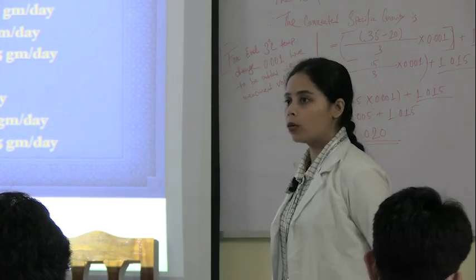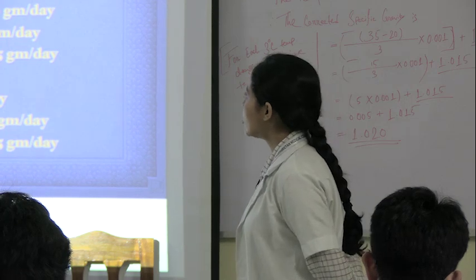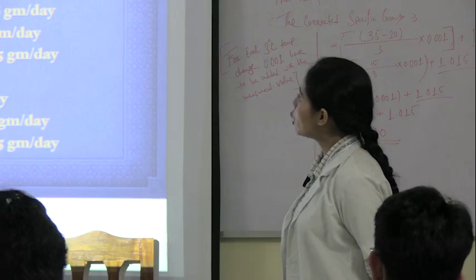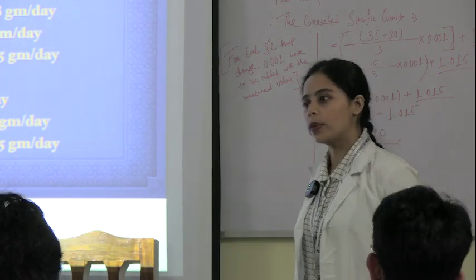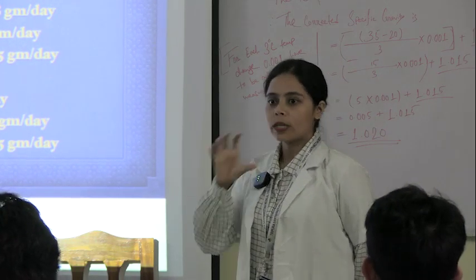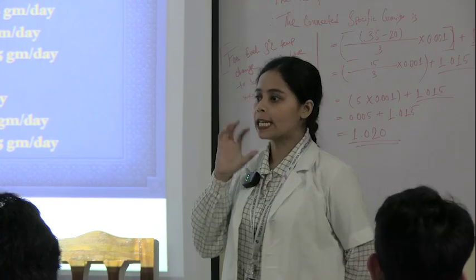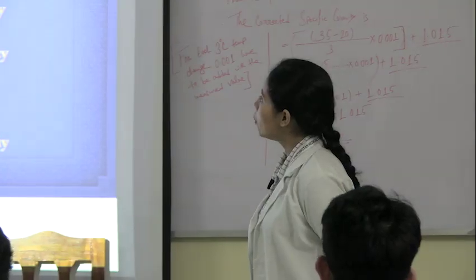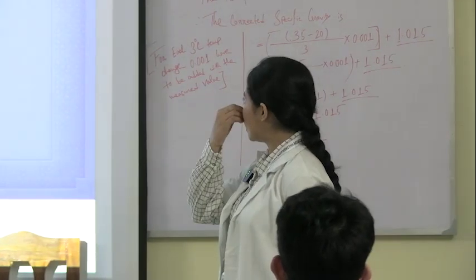Now sit down. In chemical constituents, in inorganic we will have chloride, that is 10 to 15 gram per day. That means our kidney excretes that much, 10 to 15 gram per day. Sulfate between 1 to 1.2 gram per day.